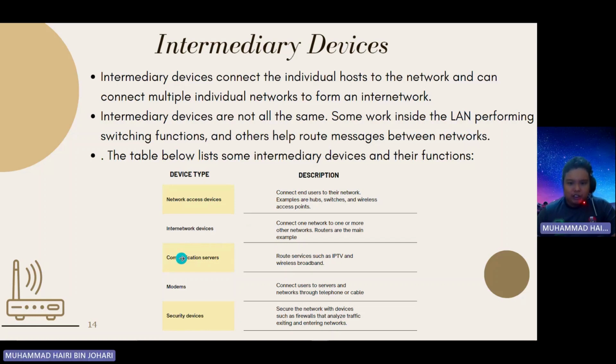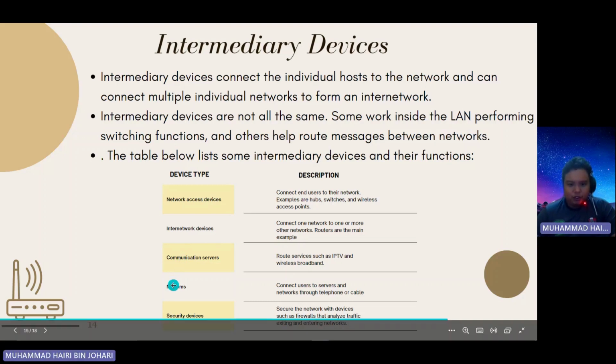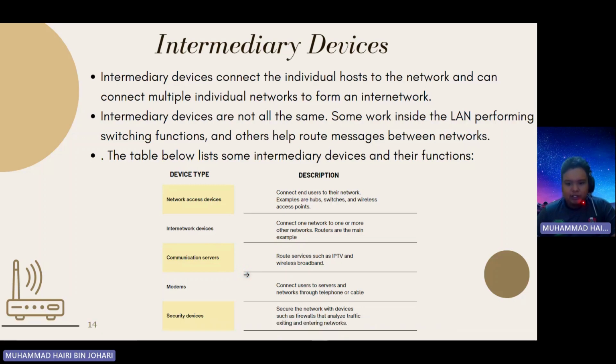Communication server provides services such as IPTV and wireless broadband. The modem connects users to servers and networks through telephone or cable. And lastly, security devices secure the network with devices such as a firewall that analyzes traffic exiting and entering the network.